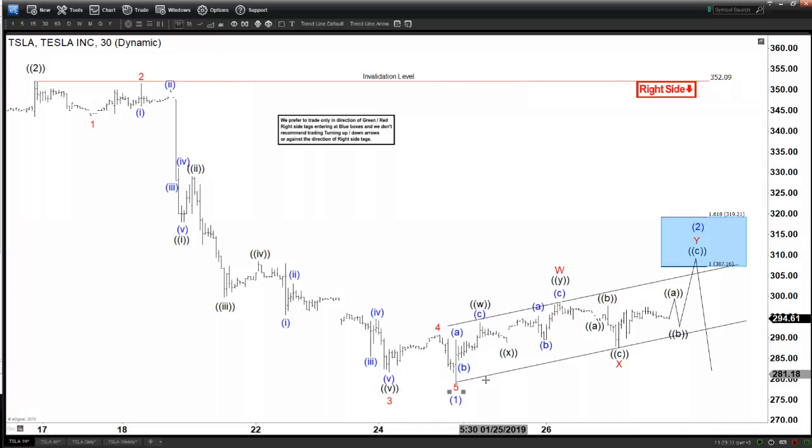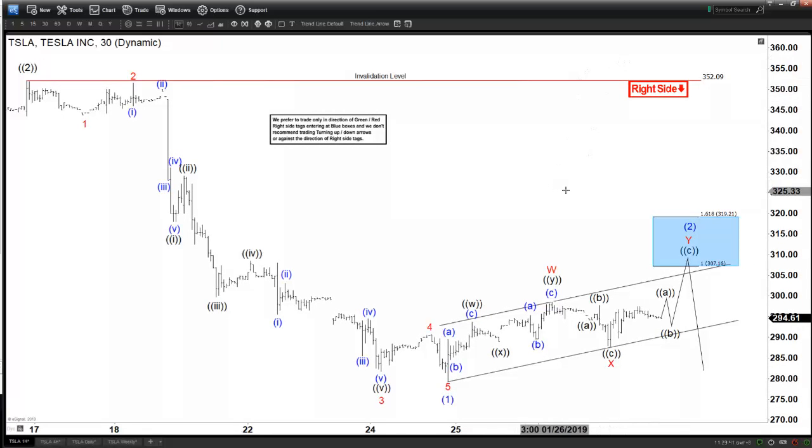But anyway, in this rally, even though this is what we are looking for Tesla to start turning lower, the most important key level is not really this area. The most important key level is 352, and this is just one possible structure of the correction.